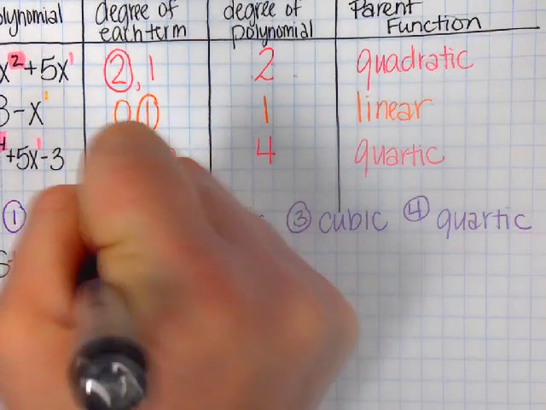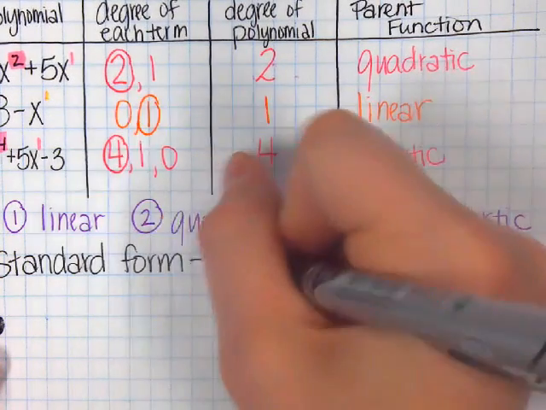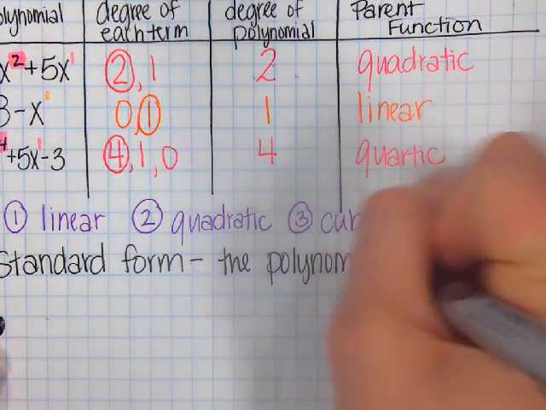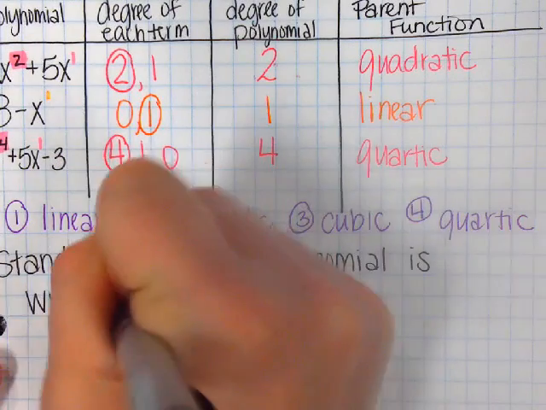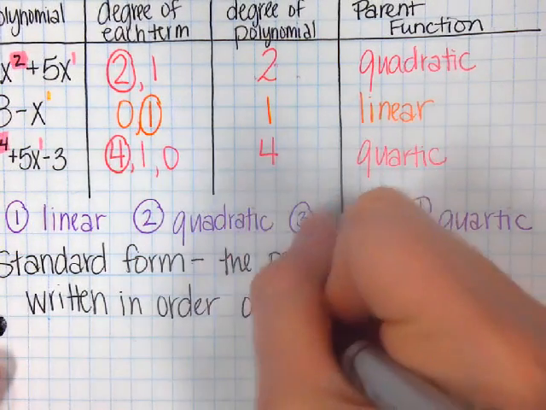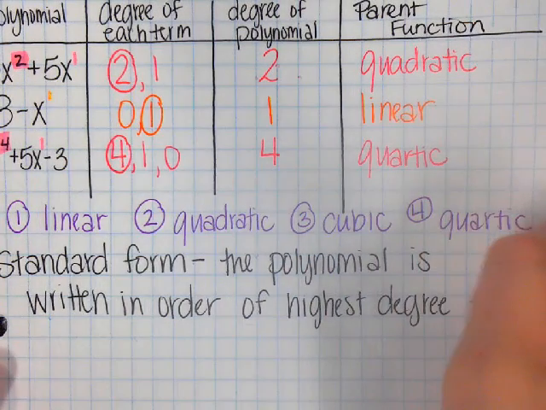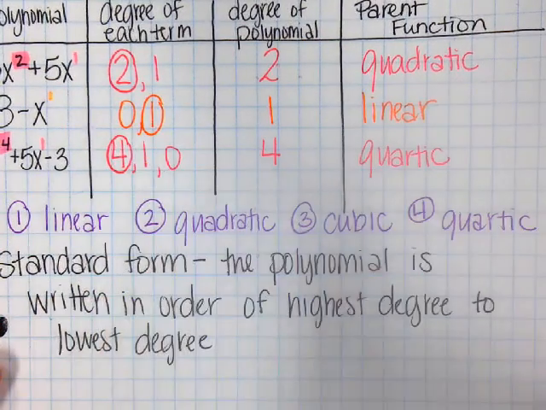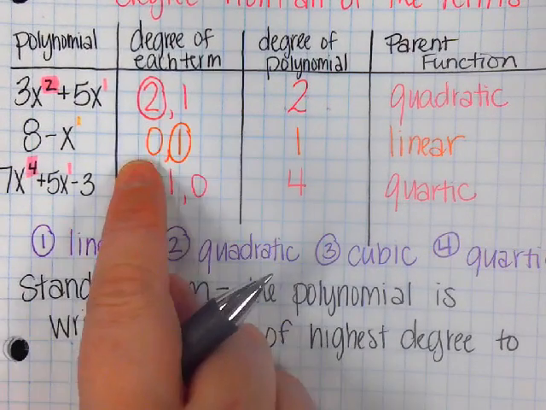Okay, the last definition that we're going to write down is for standard form. So standard form is when the polynomial is written in order of highest degree to lowest degree.